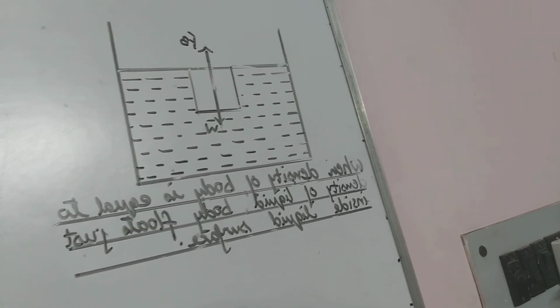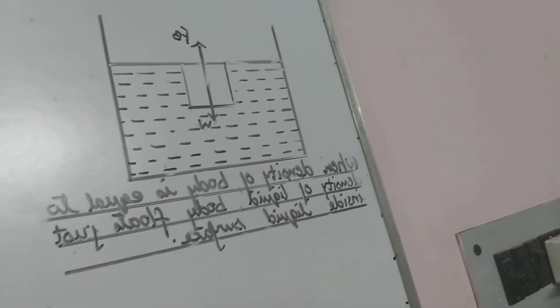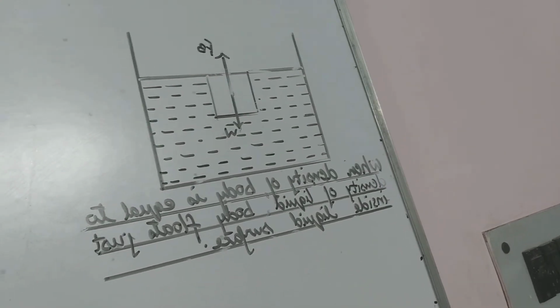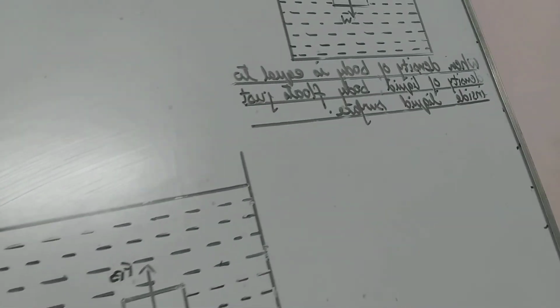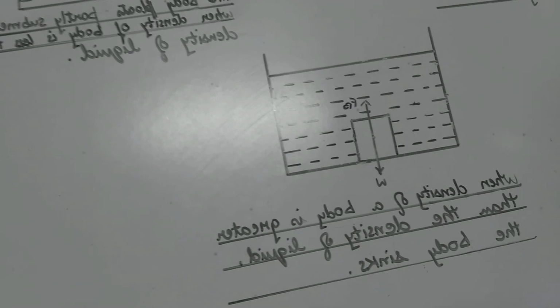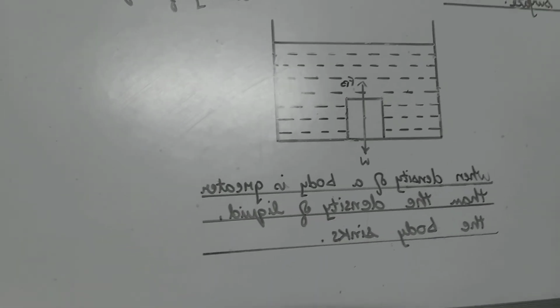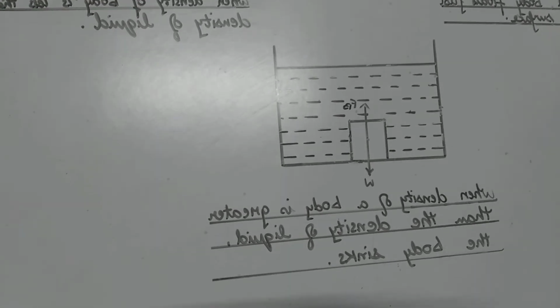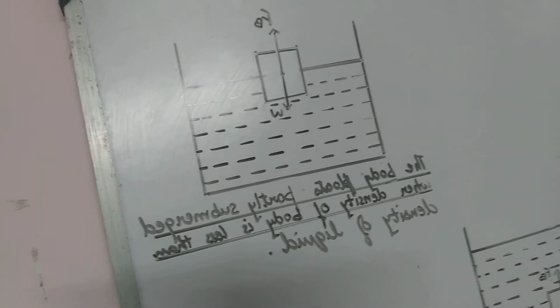As you can see, an object is just below the surface of water. I am bringing it closer to the second case, where you can see that the object is at the bottom of the container. It has sunk entirely. Now I am bringing it closer to the third case, where it is partly submerged, as you can see.